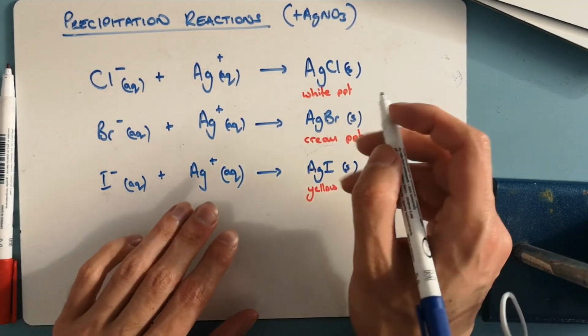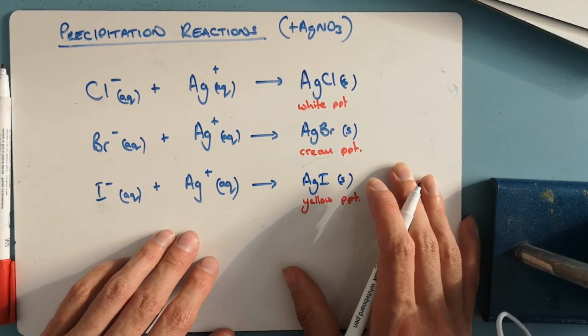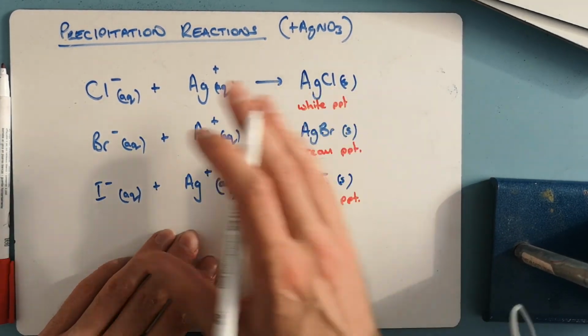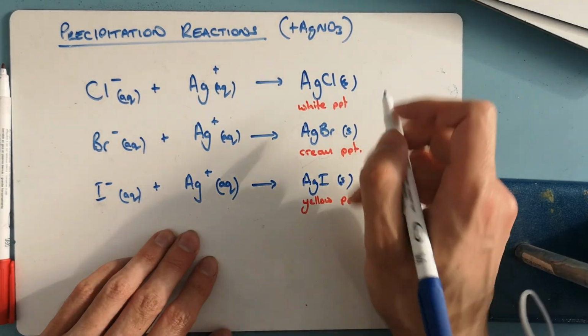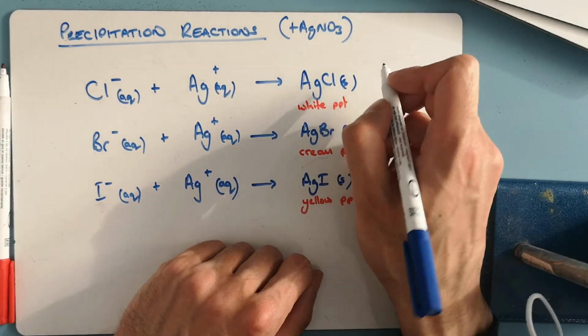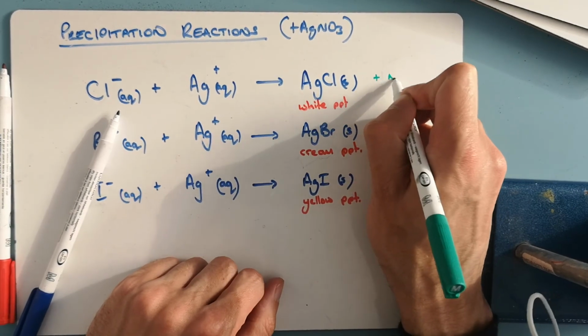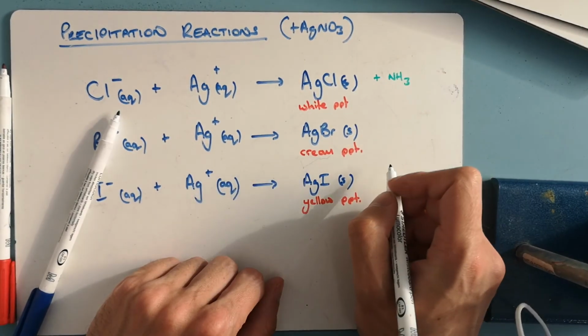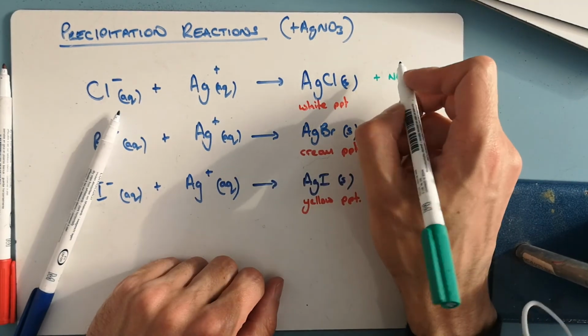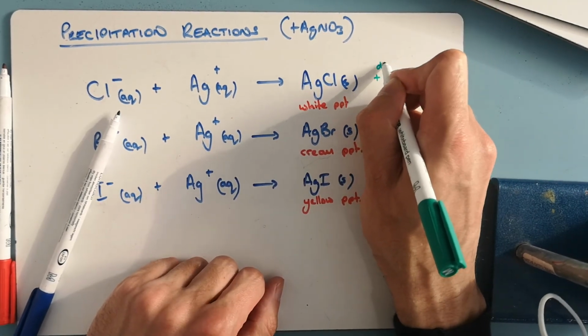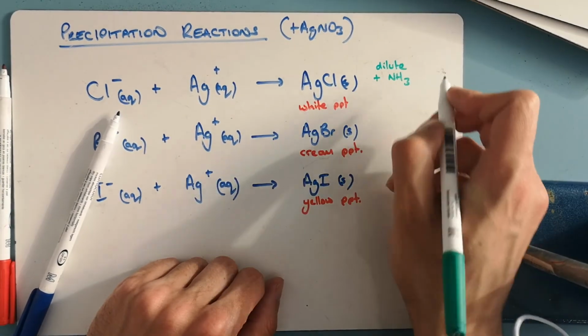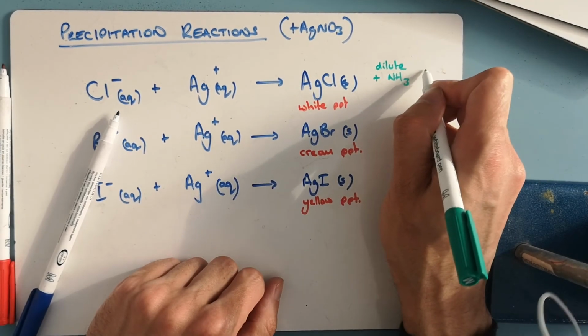So what we can do with this product is try and dissolve it again. Now we know it doesn't dissolve in water, because this reaction says so, but some will dissolve if we add NH3. Silver chloride is very soluble in NH3, so if we just use dilute NH3, then it's soluble.